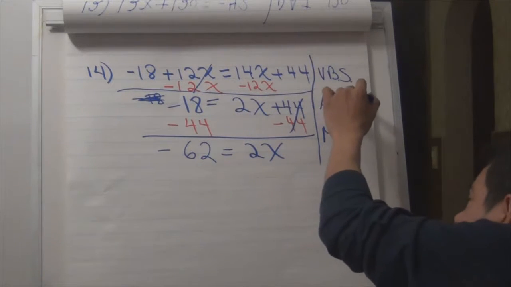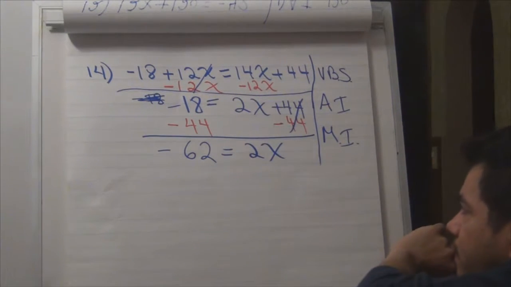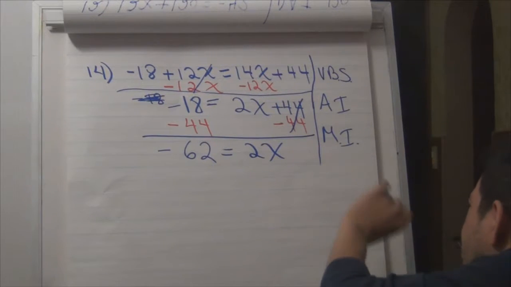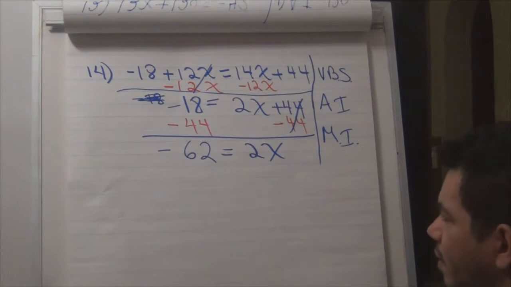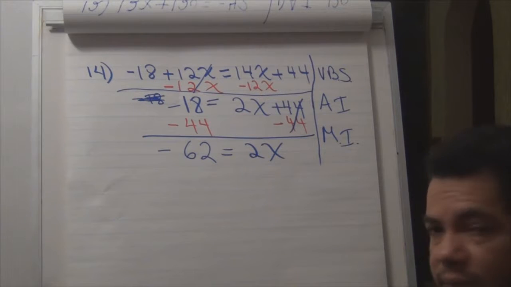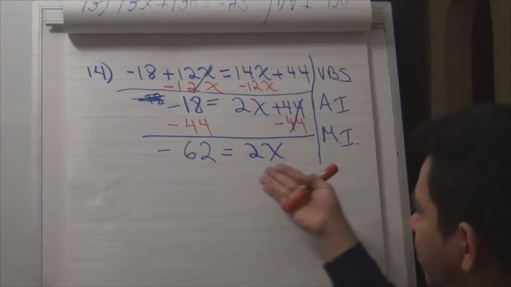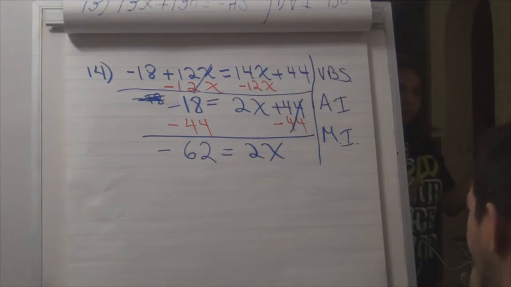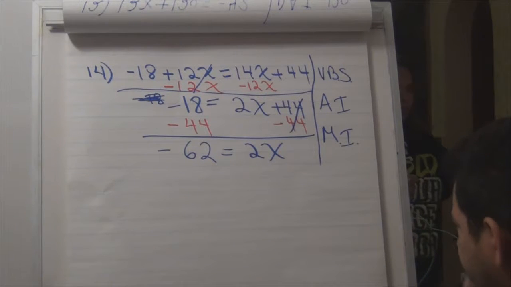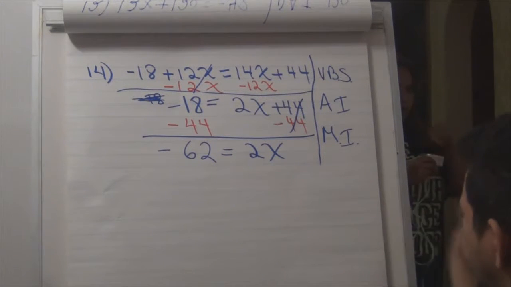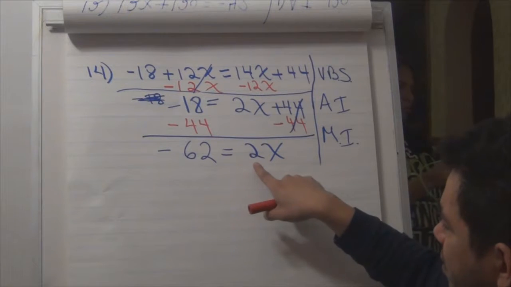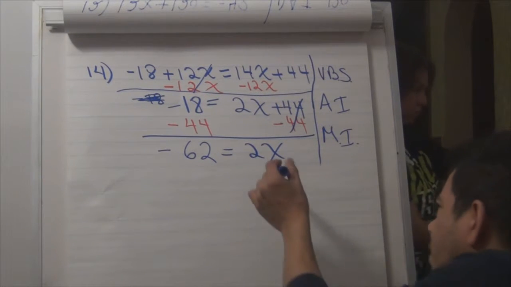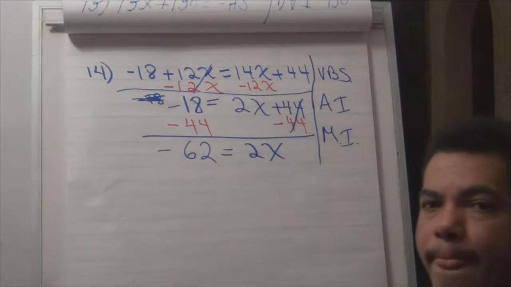And that was for the additive inverse, right? Now we're going to use the multiplicative inverse of something. What is that something? Whatever is multiplying the variable. So what is the multiplicative inverse of 2?